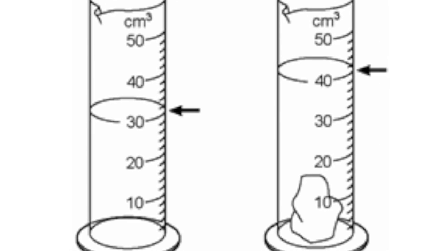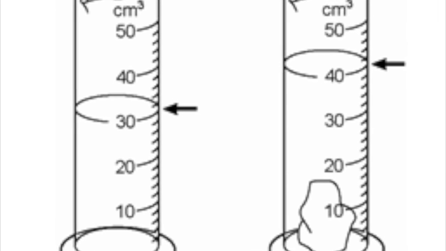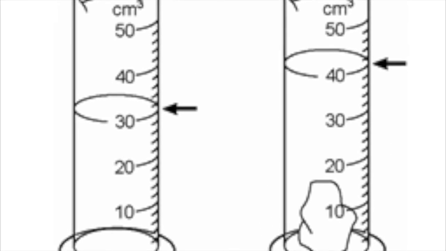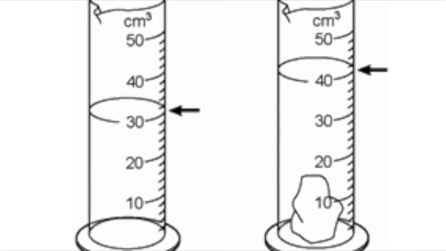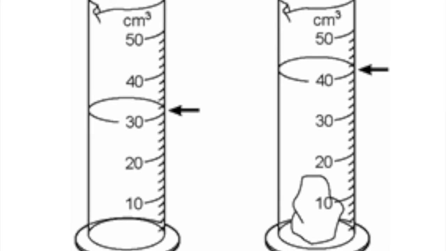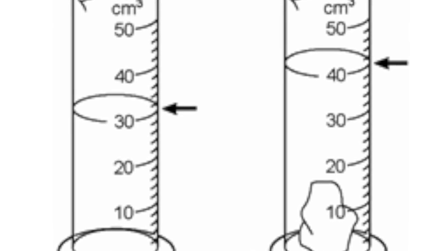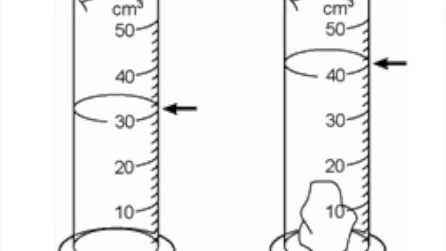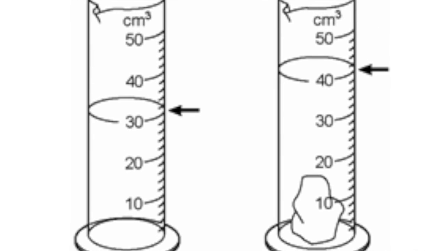The volume of water displaced by the object is equal to the object's volume. Because 1 milliliter is equal to 1 cubic centimeter, you can give the volume of water displaced by the object in cubic centimeters. Volumes of liquids can be given in cubic units, but volumes of solids should not be given in liters or milliliters.